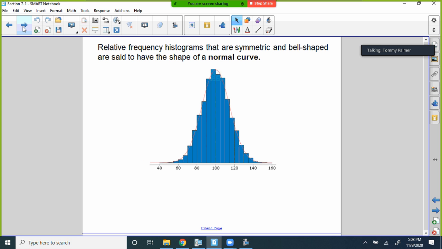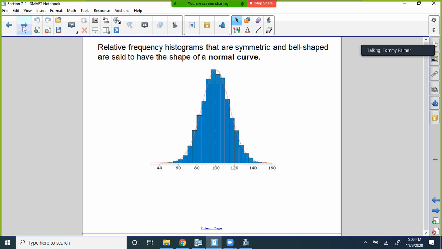All of this is kind of leading us into the bell-shaped curve. So relative frequency histograms that are symmetric and bell-shaped are said to have the shape of a normal curve, right? So when we talk about bell-shaped, if you think about the old bells, they're kind of up and they're symmetrical about the midline, right?